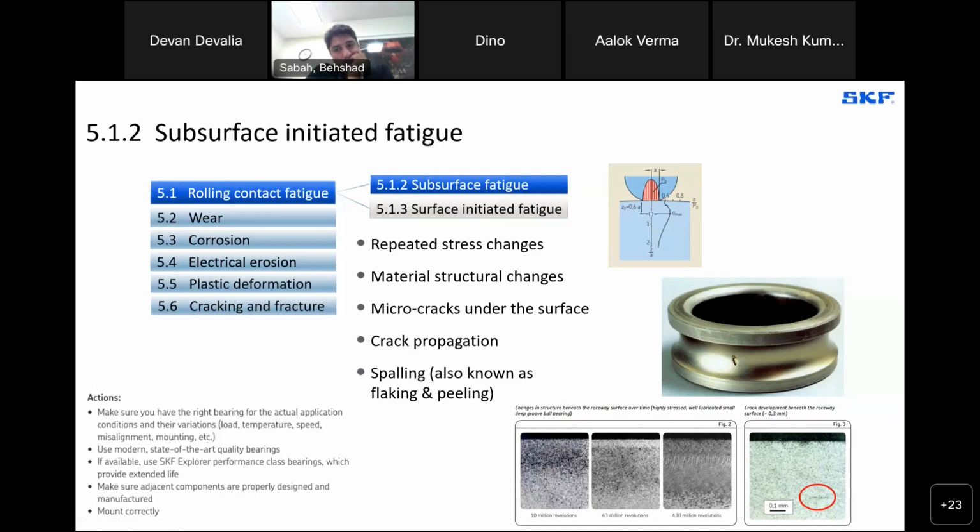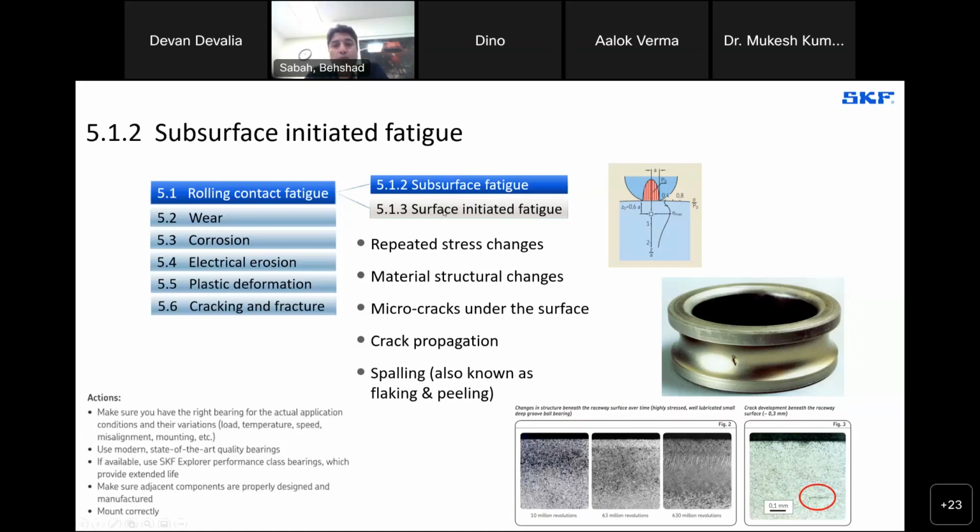Insufficient support of the bearing due to form issues with the housing is a large contributor to subsurface initiated fatigue. And fits being a little heavier, maybe the shaft is a bit oversized, could also contribute to fatigue. So all of those things together.